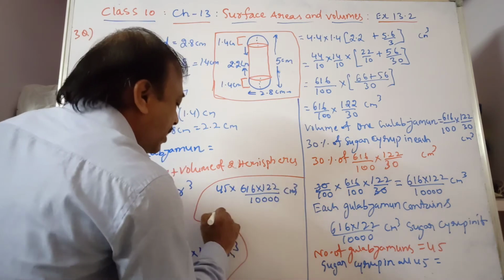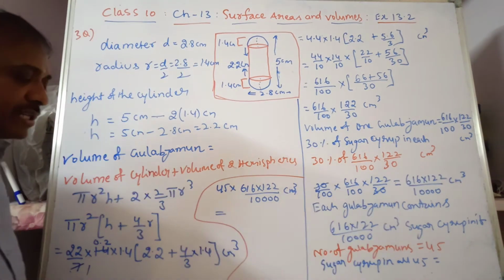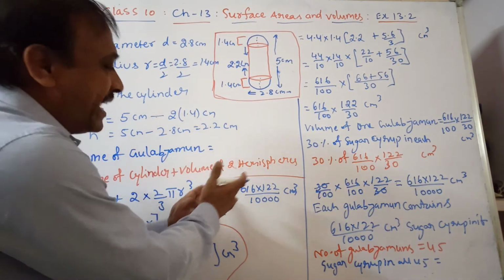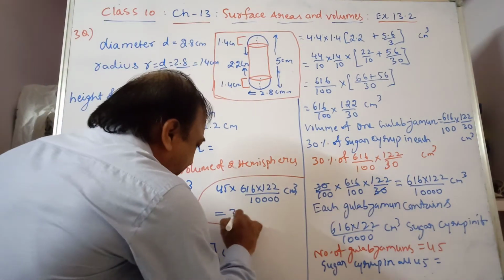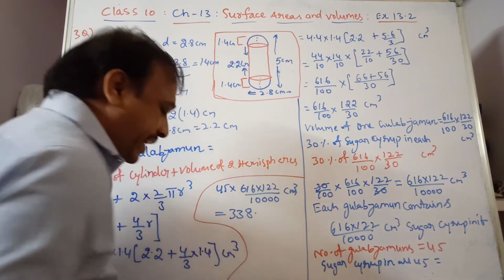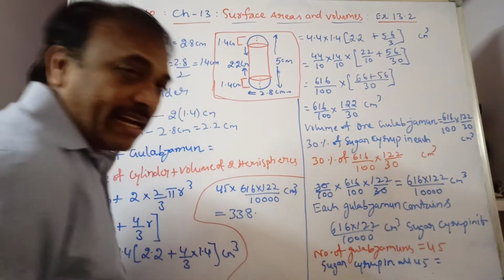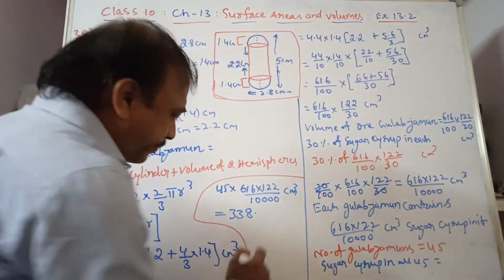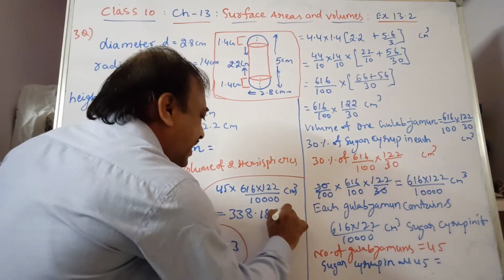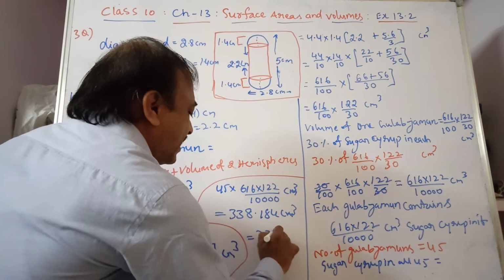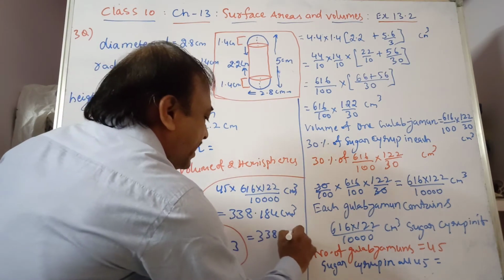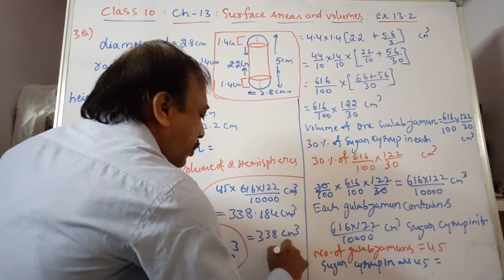centimeter cube. If you simplify this multiplication and convert into decimal form, you will obtain 338.184 centimeter cube. Approximately we write 338 centimeter cube.